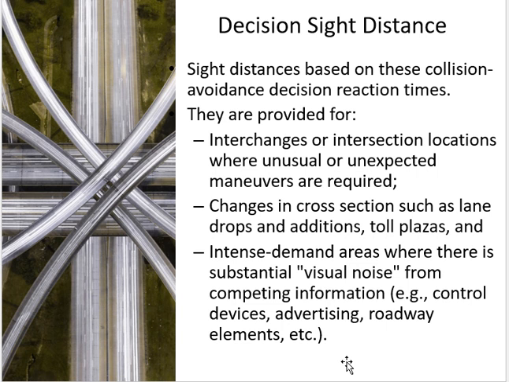Okay, it's your judgment. The third example is if you have too many distractions around you. You are driving on the road and there are too many things around you. They call it visual noise. So what are distractions?